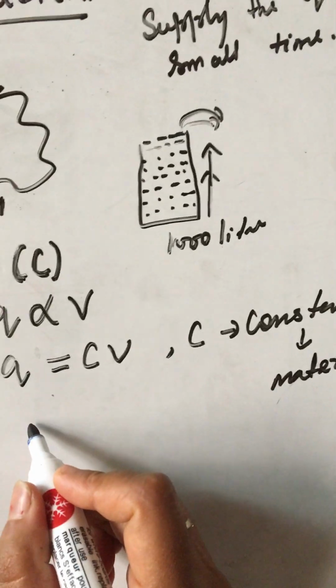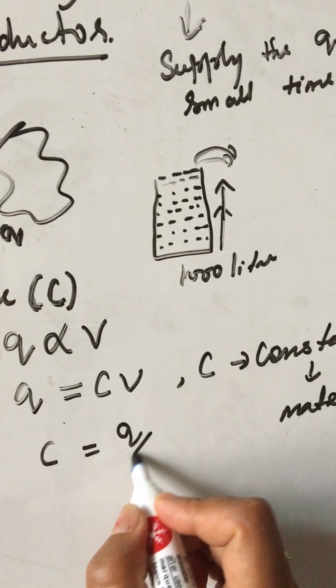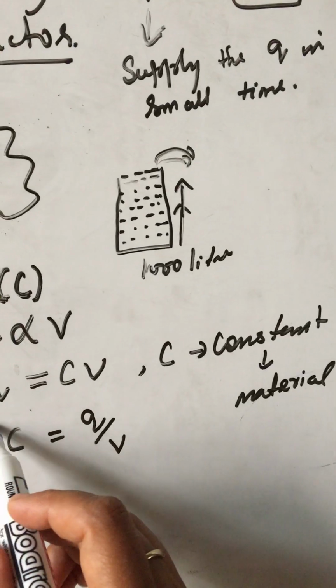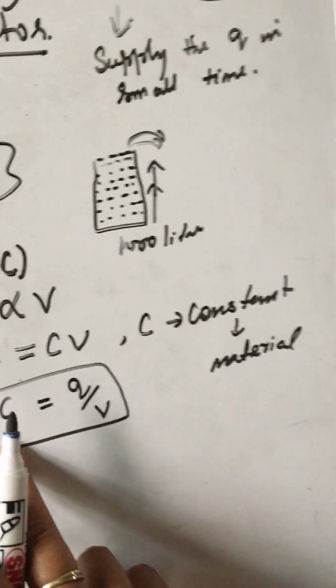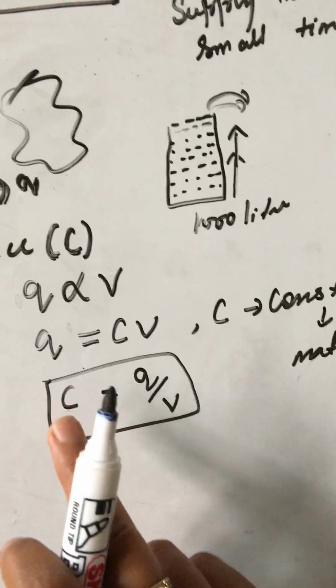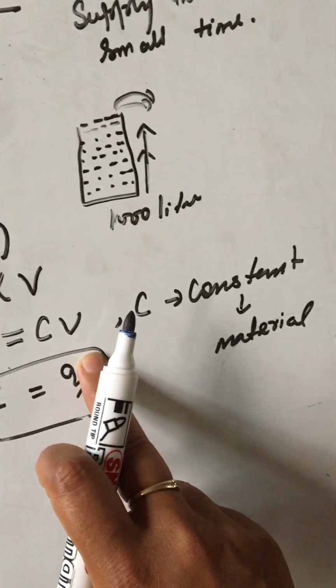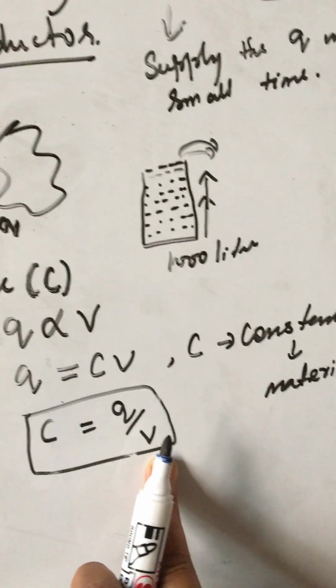So what is C? C is equal to charge per unit potential. This is known as the definition of the capacitance. What is capacitance? Capacitance is the ratio of the charge per unit rise in potential.